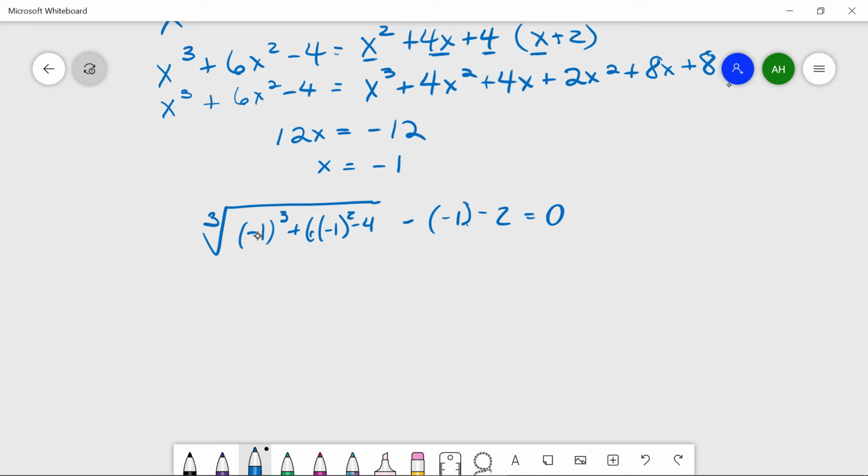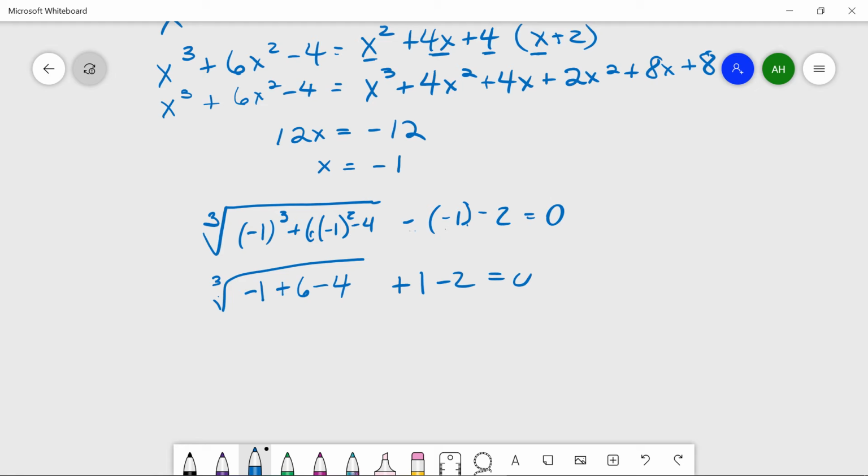When I cube this negative 1, I still get a negative 1. The 6 times the negative 1 squared is going to be plus 6, and then I've got the minus 4, and we're taking a cubed root of all of that. Over here the negative gives me a positive, so I have plus 1 and minus 2 equals 0.